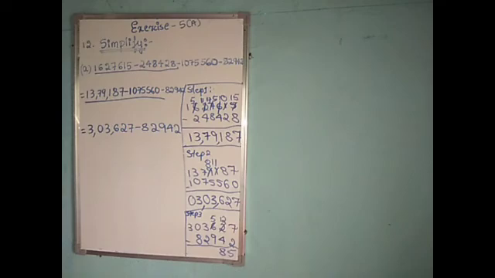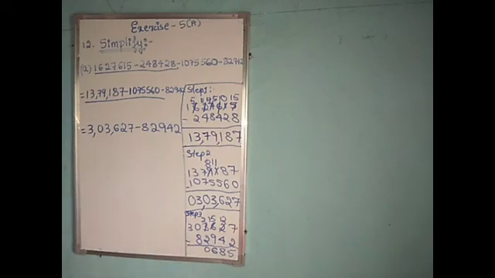5 minus 9, is it possible to subtract? No, it is not possible. So we have to borrow from the next number. The next number is 3. If you borrow from 3, then 3 becomes 2 and here 5 becomes 15. 15 minus 9 is 6. 2 minus 2 is 0. 0 minus 8, is it possible to subtract? No, it is not possible. So we have to borrow from the next number. The next number is 3.